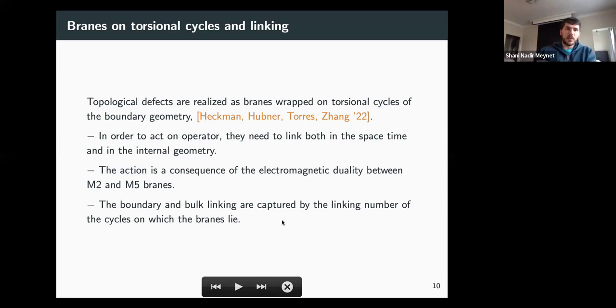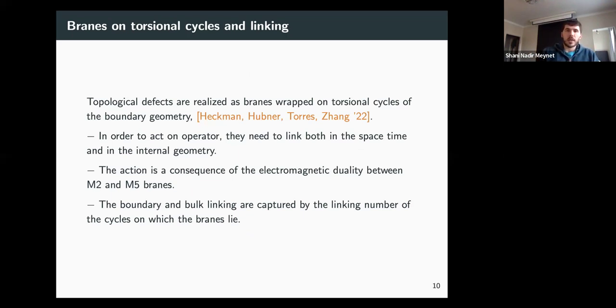Okay, now that we have this object and a way to describe this boundary cycle, we are asking ourselves: now that we have this information about the boundary geometry, how do we know how this boundary cycle encodes the action of the symmetry operator on lines?